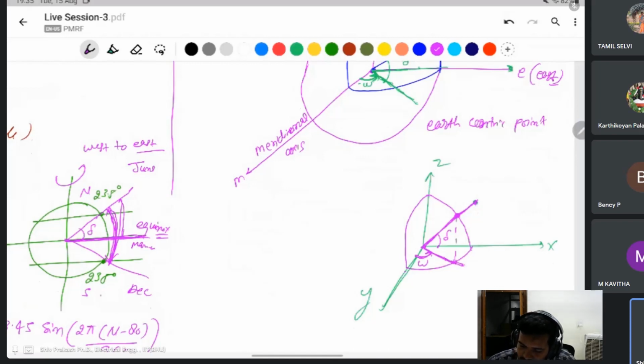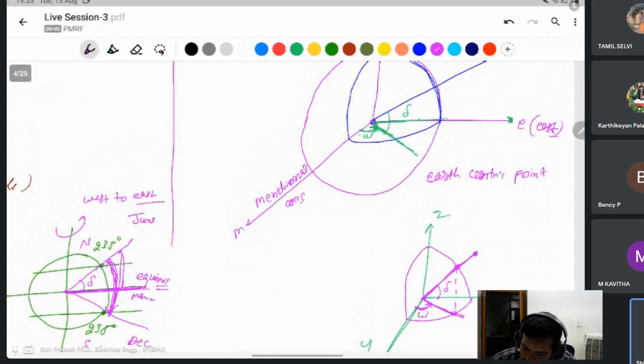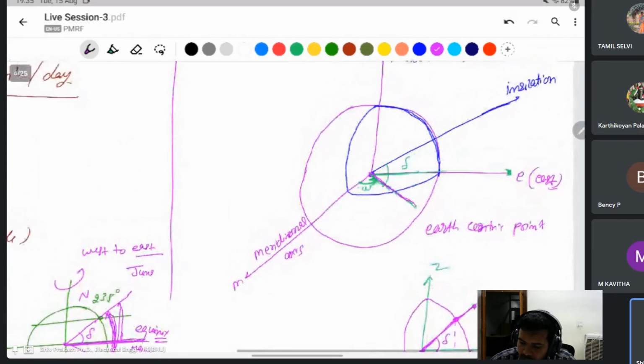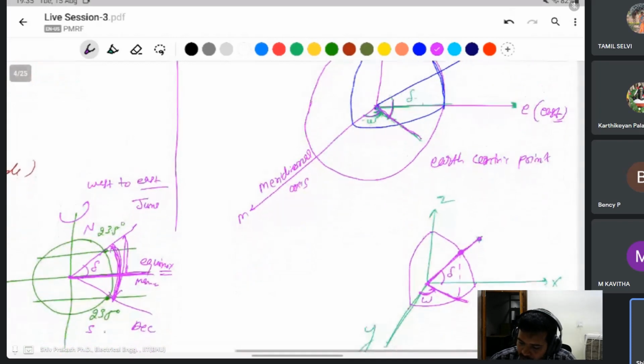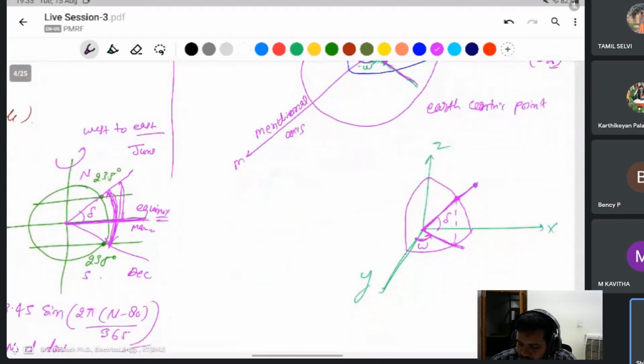This is the projection, the same as this one. This one is the projection of the insolation line. The projection to that point is the delta, and from the meridian line to the projection line is the omega, and you can relate it to the 3D point on the xyz axes.